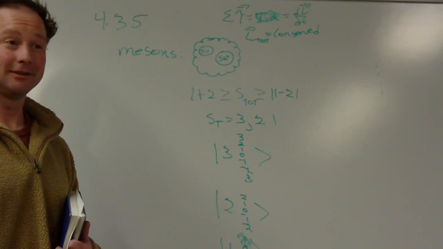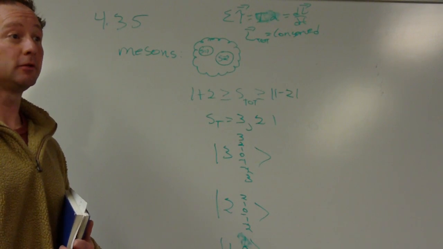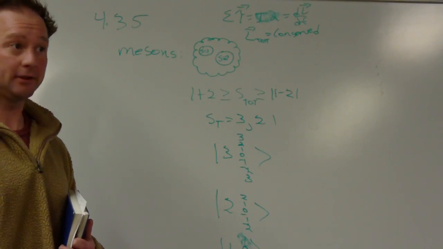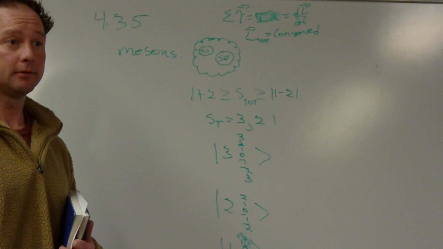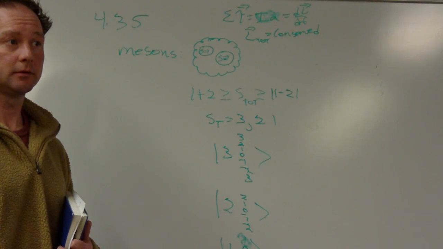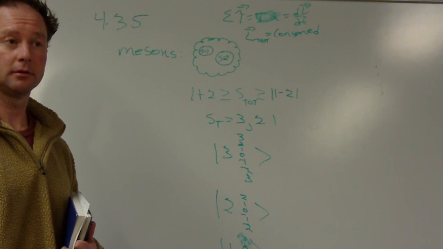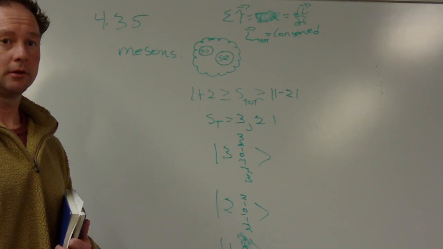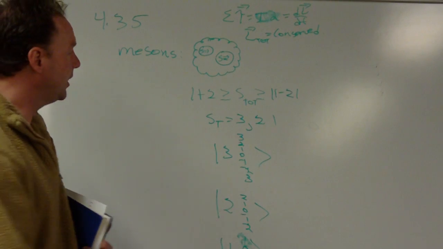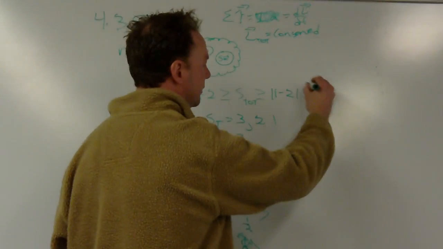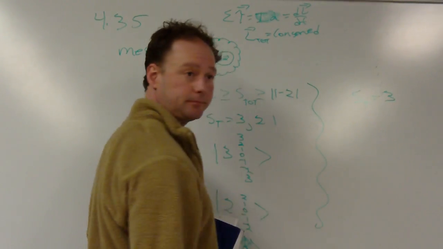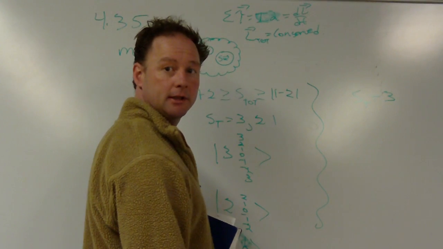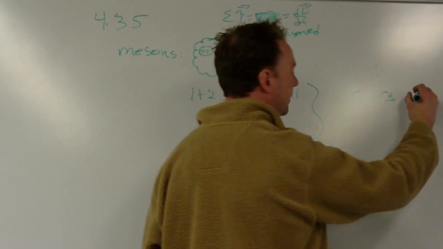Now, what they're asking for in particular is which state in this problem. Read the problem. They're saying that we're looking at a state with S total equal 3 and a projection equal to h bar.